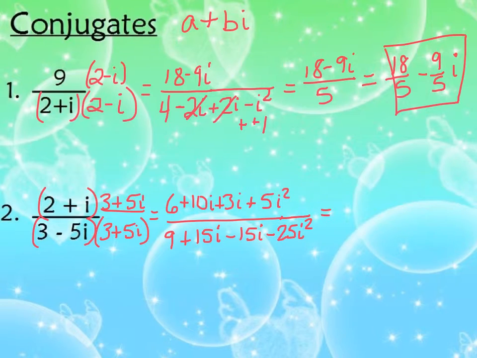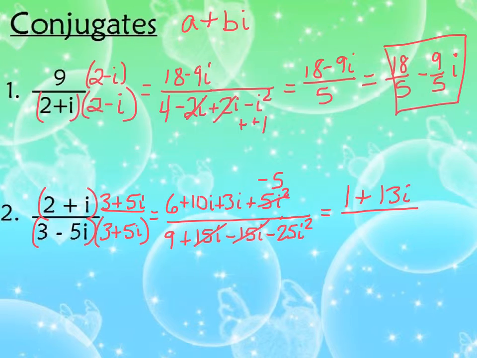All right, then we have lots of simplifying. So on the top, I have a 5i squared, which is really a negative 5, with the 6, so that's a 1, and then combine the i terms, the imaginary parts, gets me a 13i. On the bottom, remember the goal was to get rid of the i, so there it is, those i's drop off.